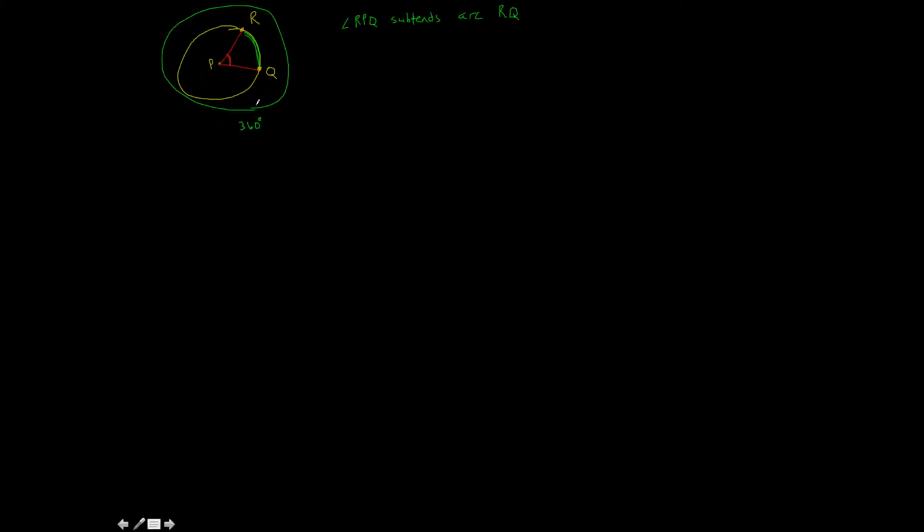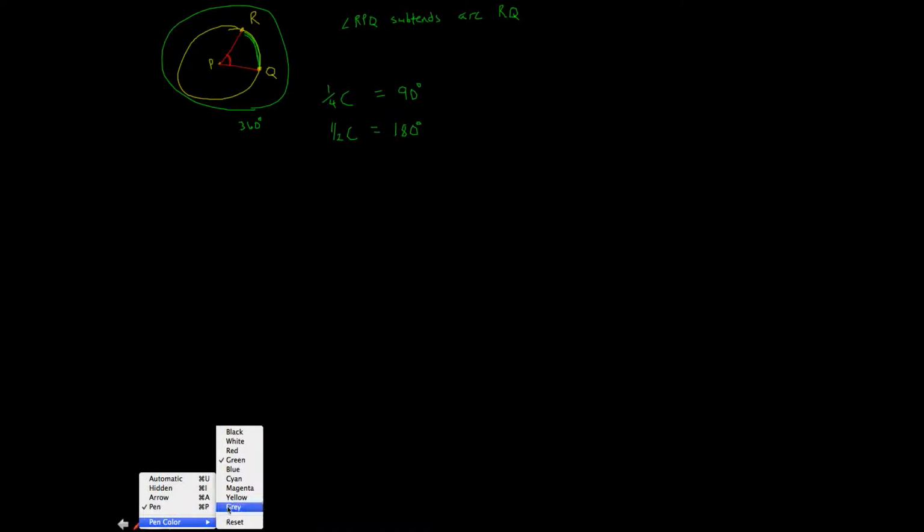If we draw an arc 1/4 of the circumference, we know that's 90 degrees. If we draw an arc 1/2 of the circumference, that's 180 degrees, and so on. So there is a direct relationship here between the arc and the circumference using the central angle.